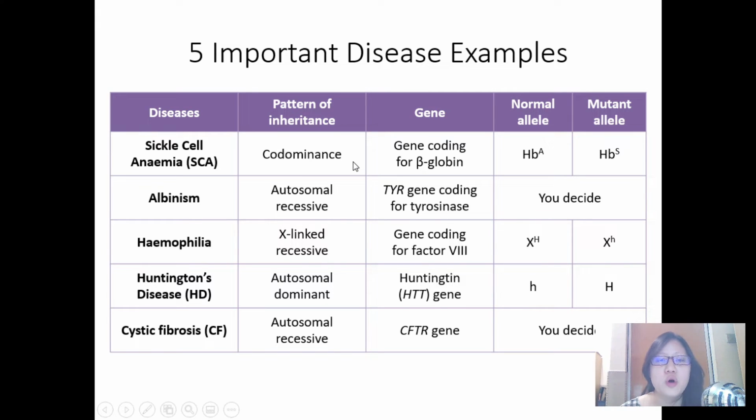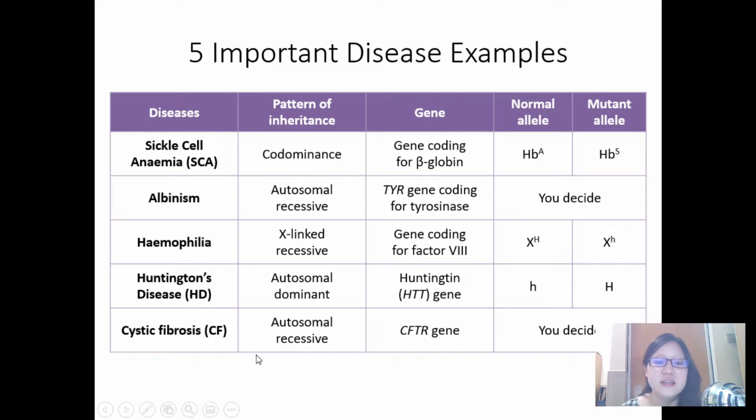Just so you know, about 3 of these diseases have specific symbols that represent alleles of the gene, and this is not usually given to you. Sometimes it is given to you, but sometimes not, and you do need to know how to write them in the first place.